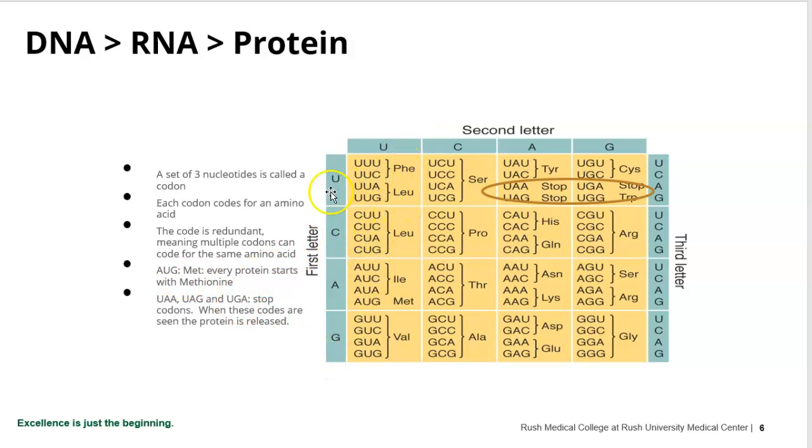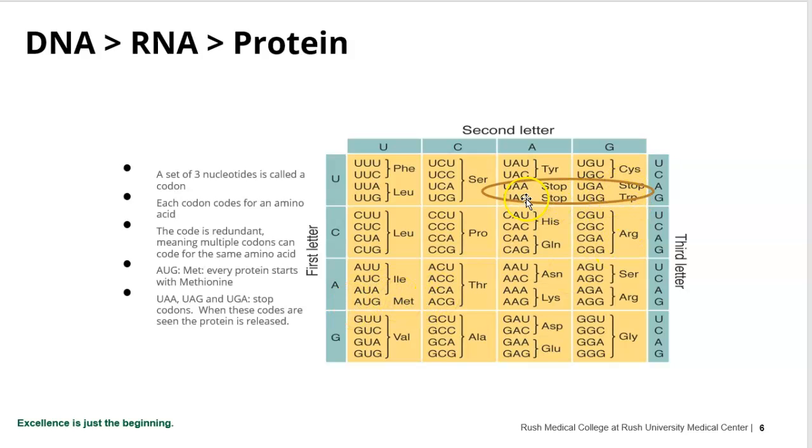For instance, in leucine, it could be UUA, UUG, CUU. All these 6 codons could put in leucine. So if I went from CUC to CUA, I'd still get a leucine. This is redundancy. Every protein starts with AUG, which puts in a methionine.